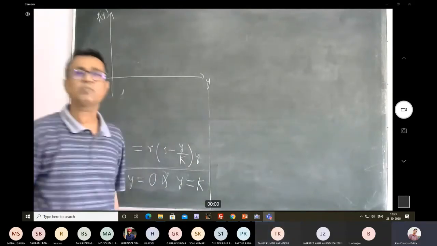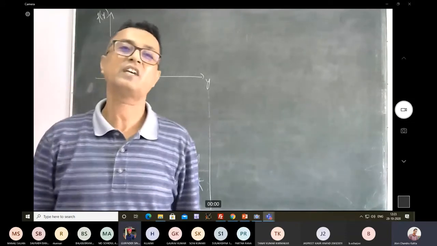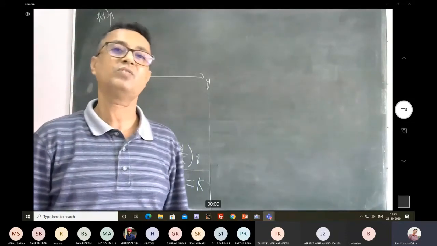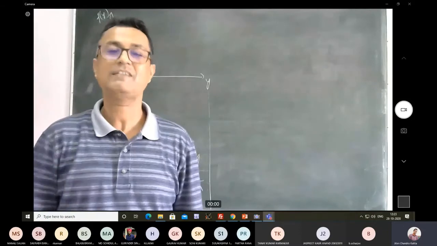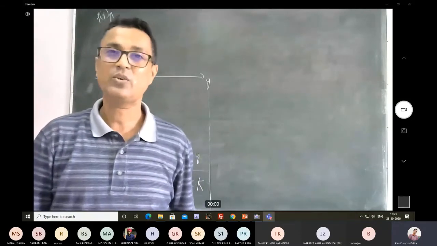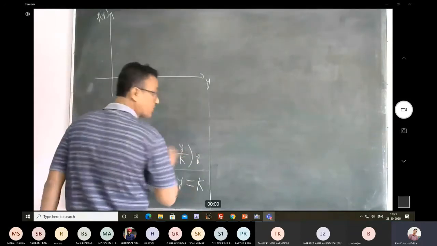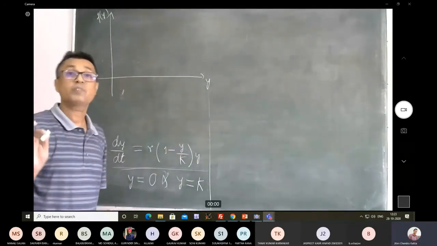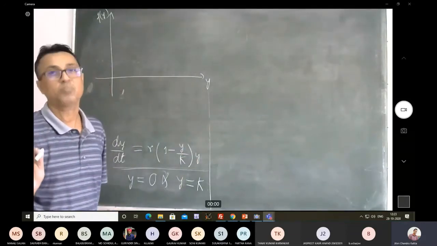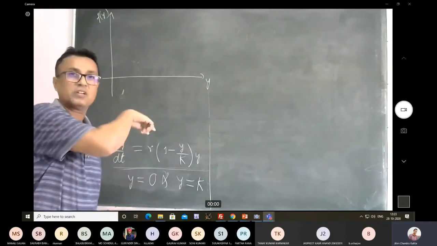I have simply set the right hand side to 0 and found the values of y. So y equal to 0 and y equal to k are my equilibrium solutions, the critical points for this equation.